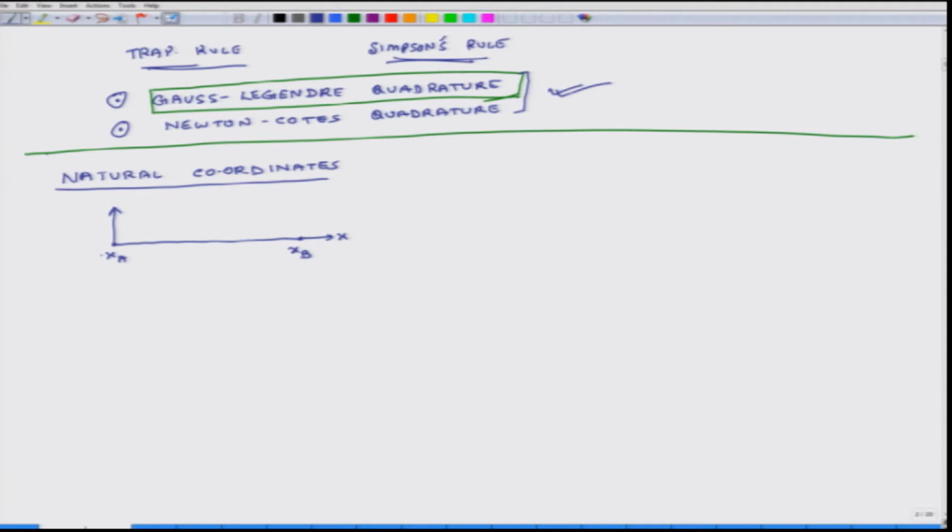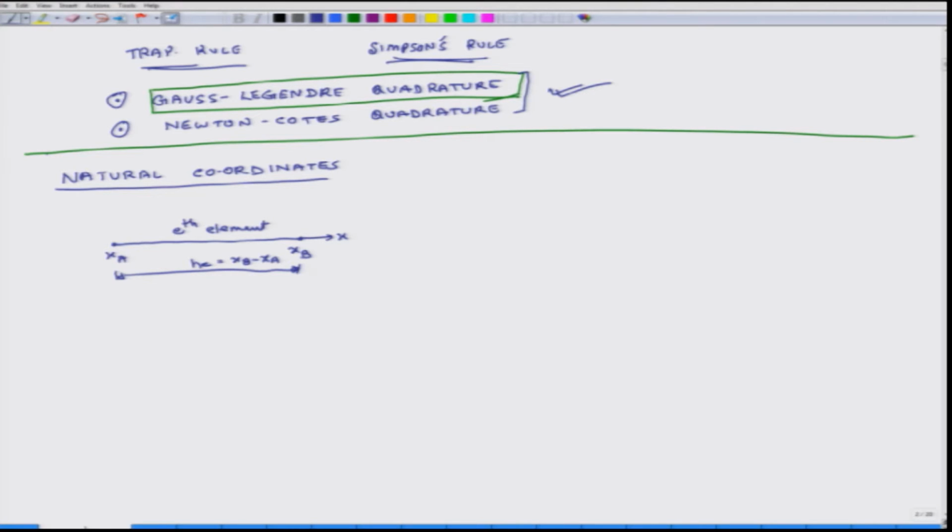The first point is xa and the last point is xb, and this is my eth element, and the length is he, which is equal to xb minus xa.